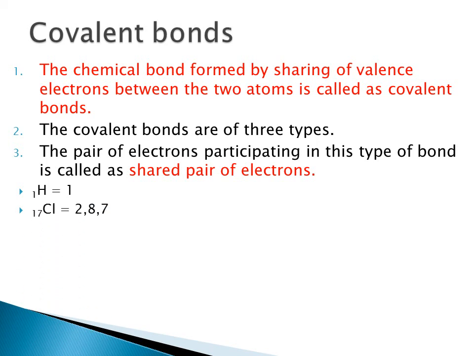Electronic configuration of chlorine is 2, 8, 7 as its atomic number is 17. You can see there is a presence of 7 electrons in its outermost shell. Its third shell is its outermost shell, and to make it completely filled, it will need 1 more electron, right? Okay, so both these atoms need electron to get stability.